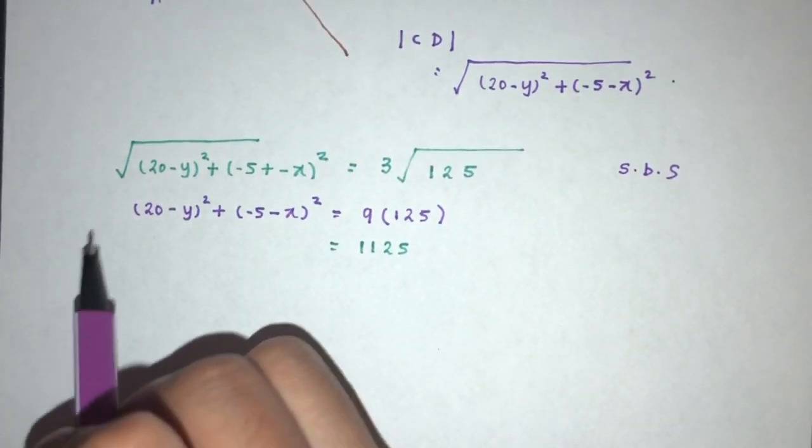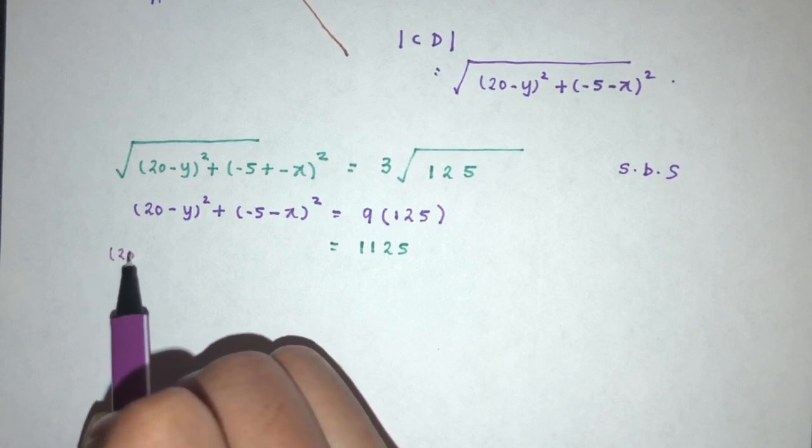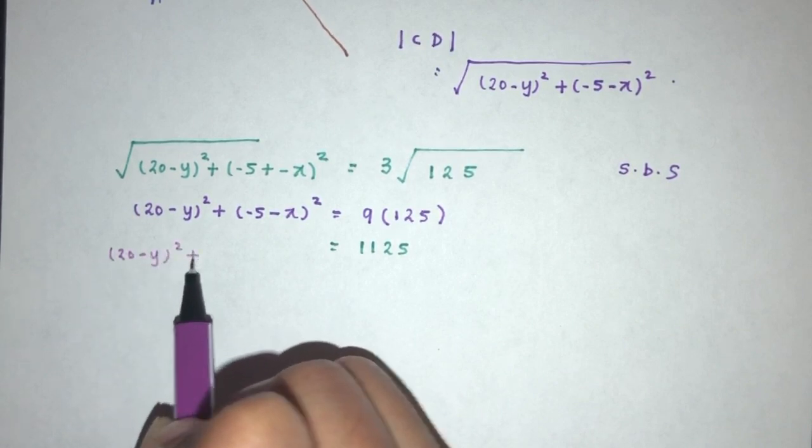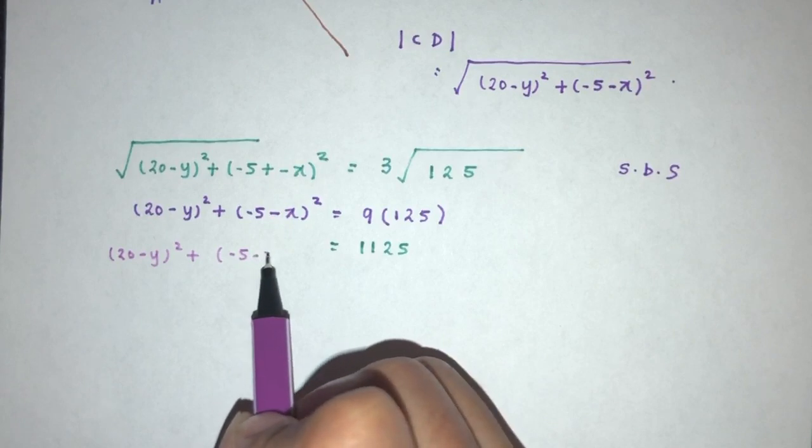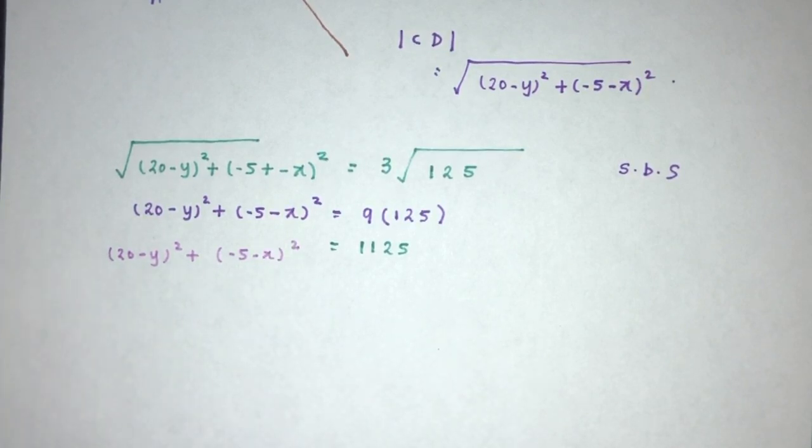Okay, so right now we have the issue. Here we have 20 minus y squared plus minus 5 minus x squared. This is my equation that we have to solve to find the value of x and y. Again, this is equation number 1. So how can we find equation number 2 in order to solve this question? Let's think.